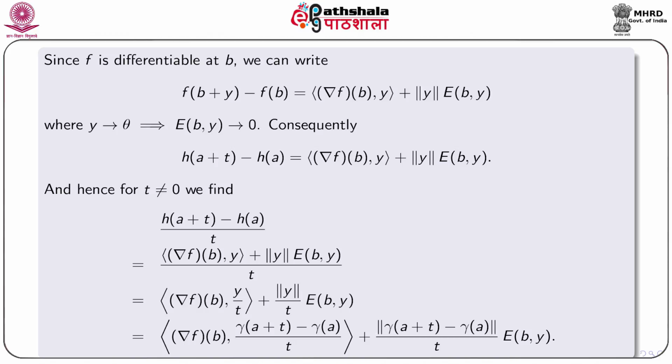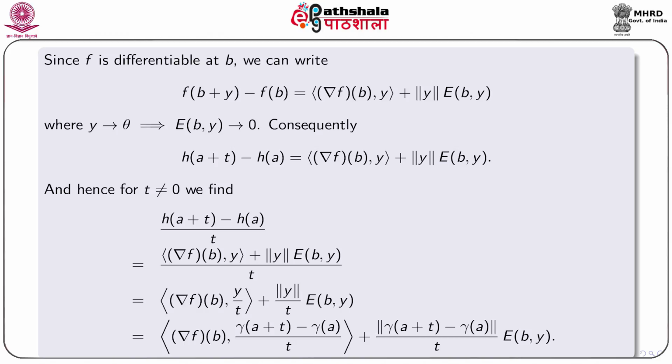Since f is differentiable at the point b, we have the first order Taylor formula, which reads as f of b plus y minus f b equal to inner product grad f b and y plus norm y E b y, where as y approaches the origin, E b y tends to 0.